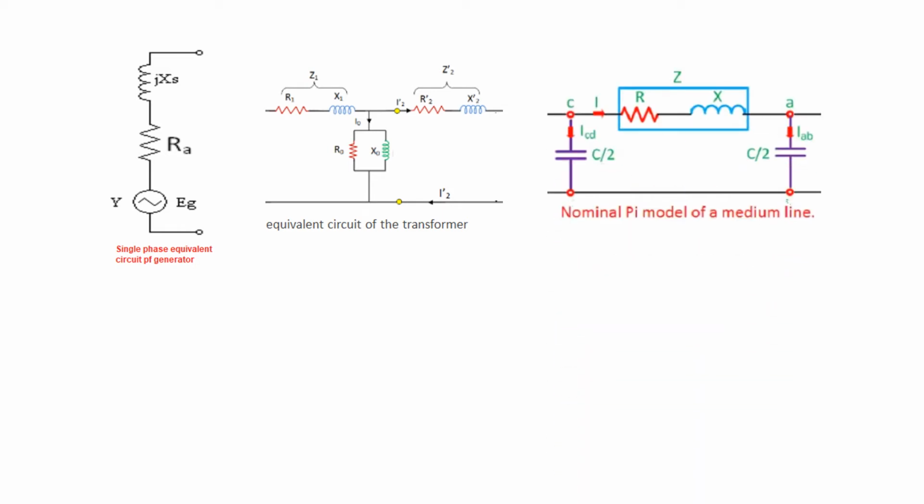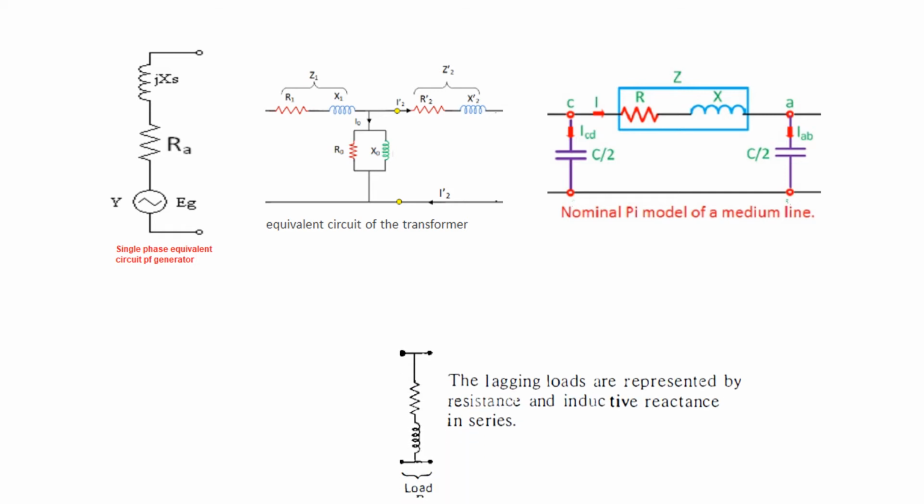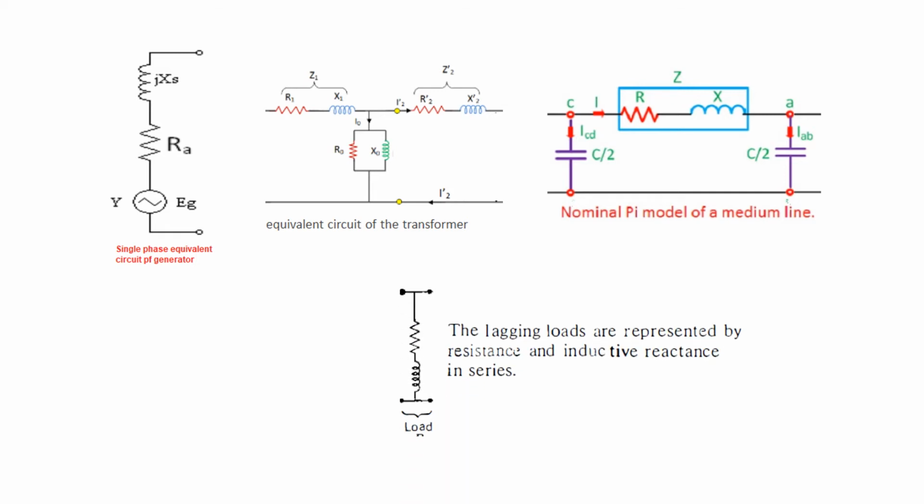This is the equivalent circuit of a transmission line. This is the pi model. You also have what is called the T model. And this is a load. The lagging load, that means it has an inductive reactance and resistance.